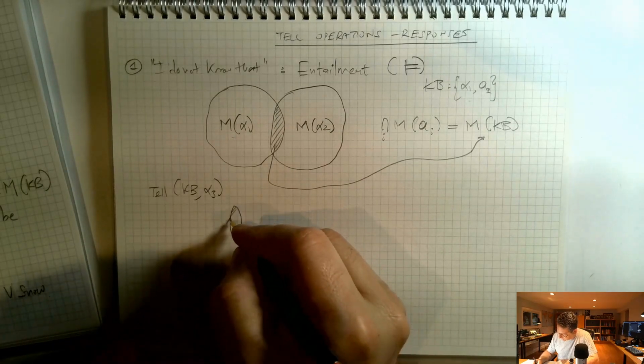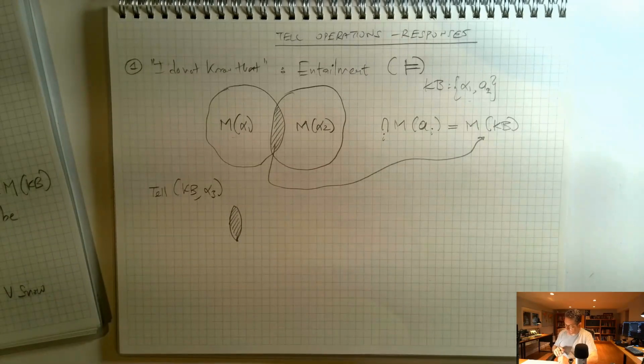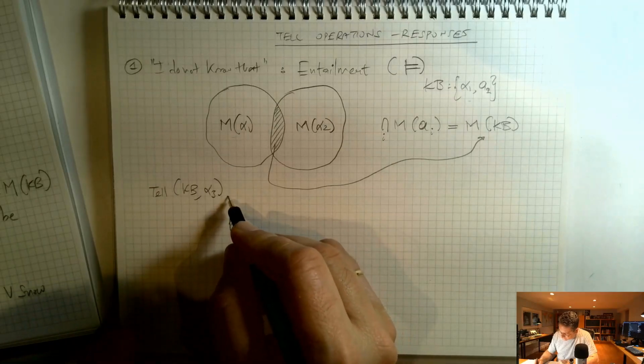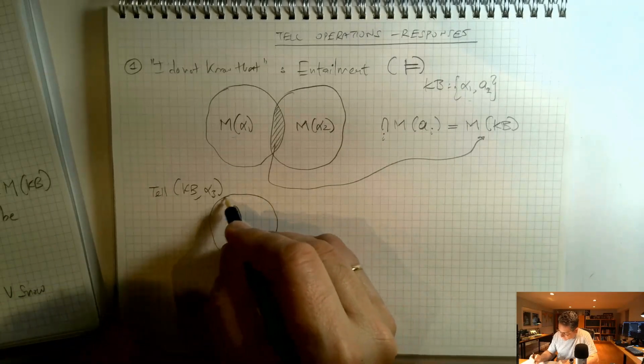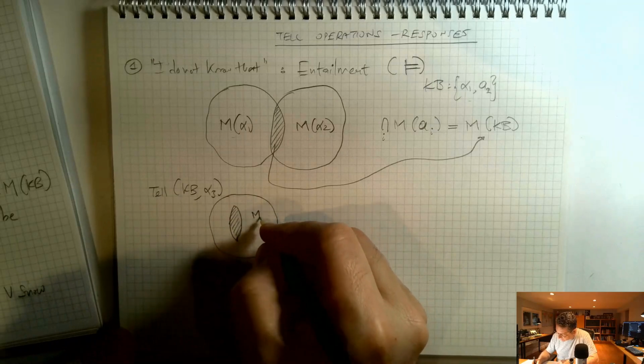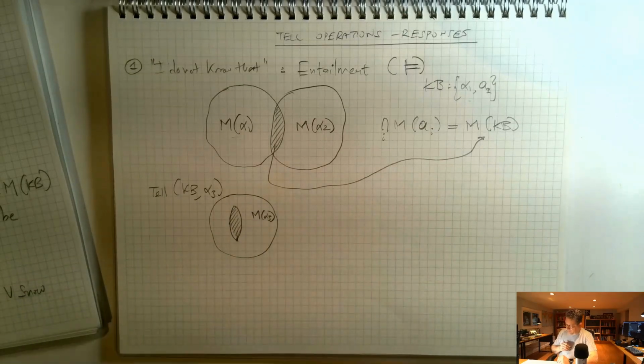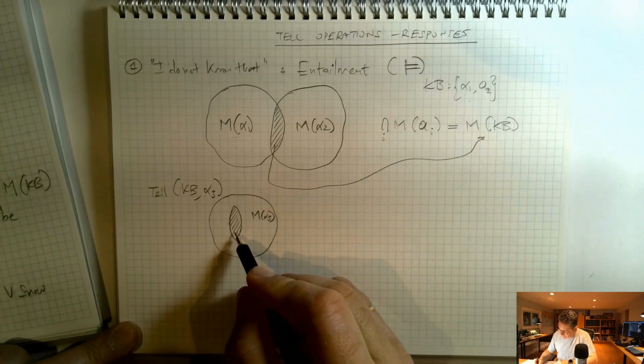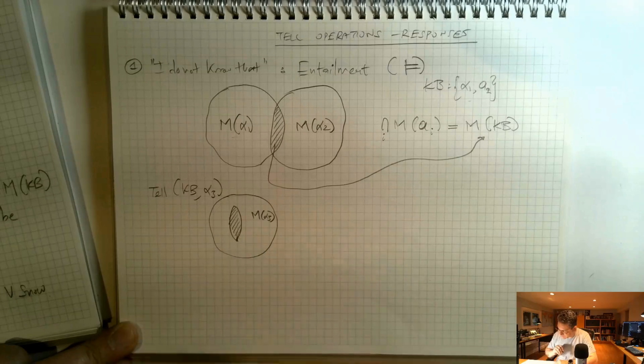When we have entailment, the set of models for A3 will look like this, a superset of the set of models that already satisfy the knowledge base.